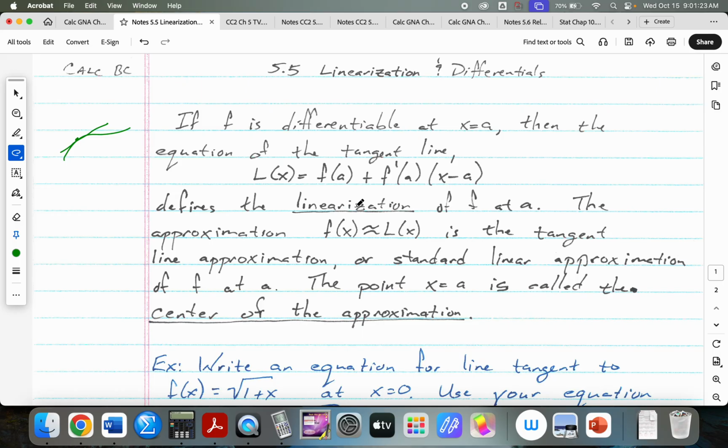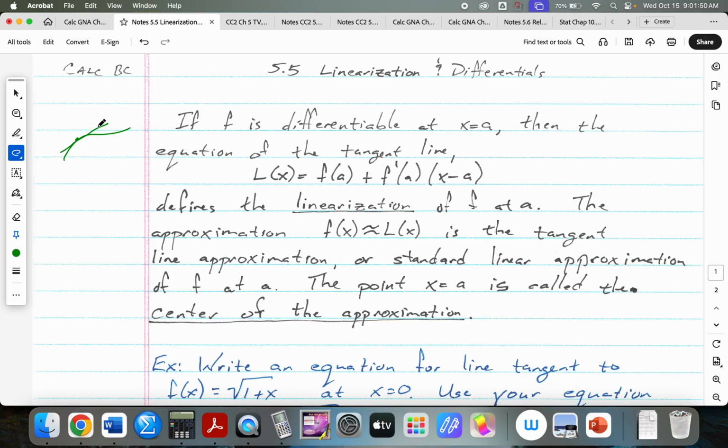So this is called the linearization of f at a. Now, f of x is approximately equal to L of x, right? As long as we're pretty close to the point in question, we should have a fairly good approximation. The further you get away from the point of tangency, the worse your approximation tends to get.